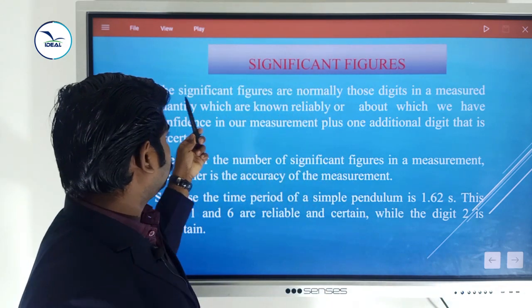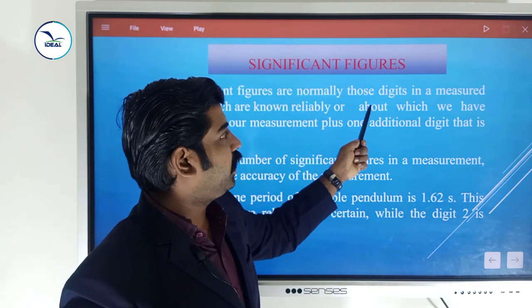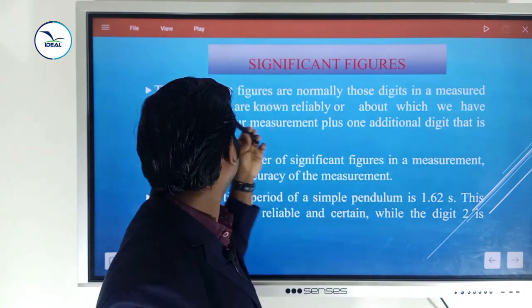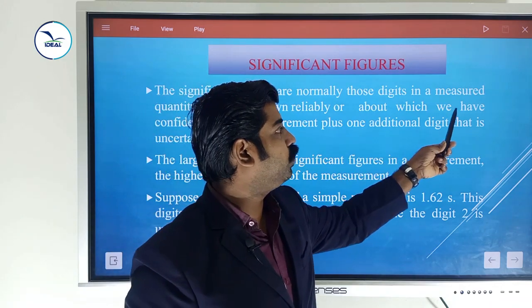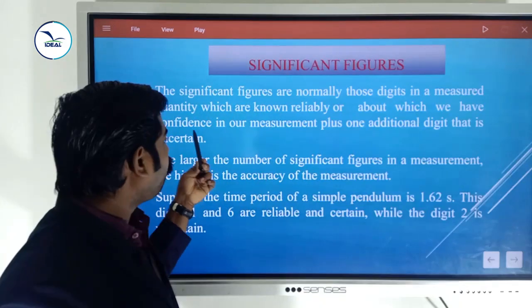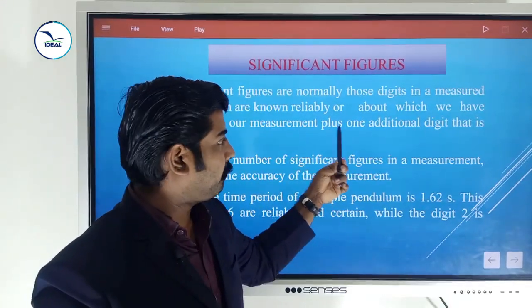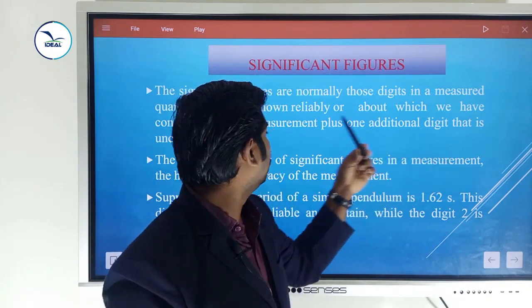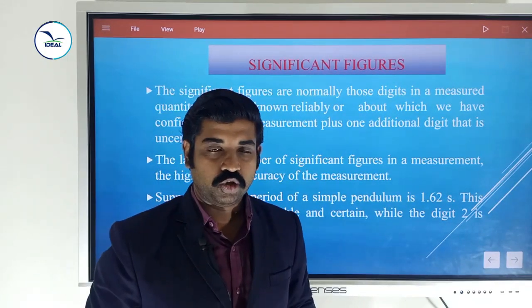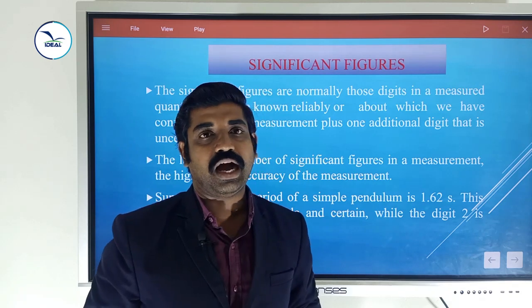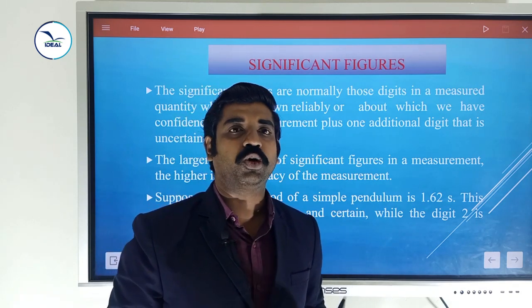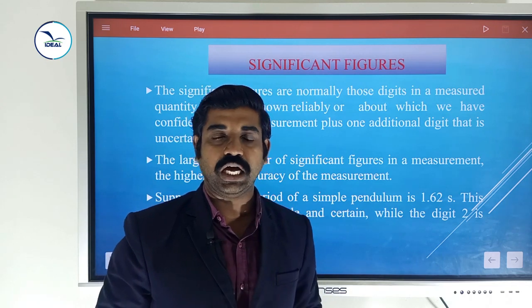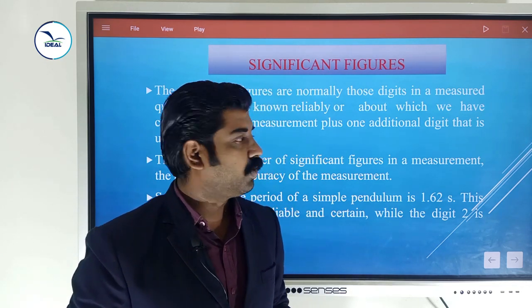So, by definition, the significant figures are those digits in a measured quantity which are reliable, or about which we have confidence in our measurement, plus one additional digit that is uncertain. That last digit is called the uncertain digit because I am not sure about it.